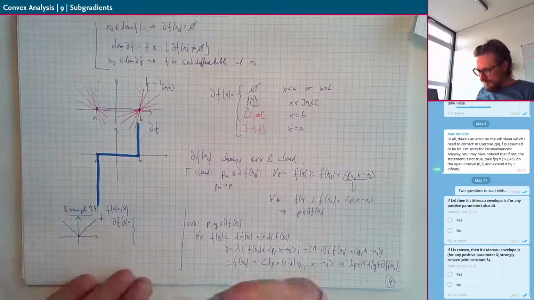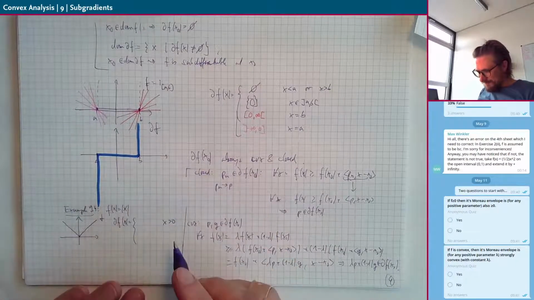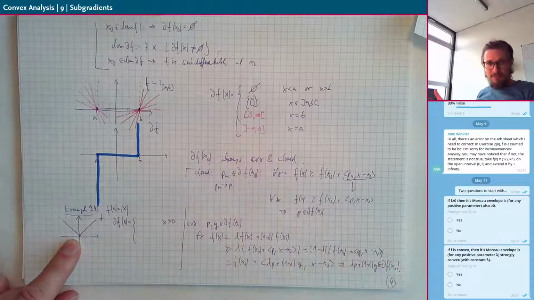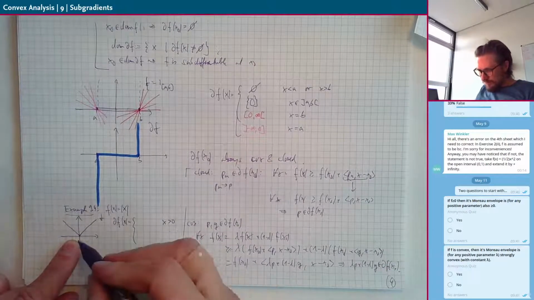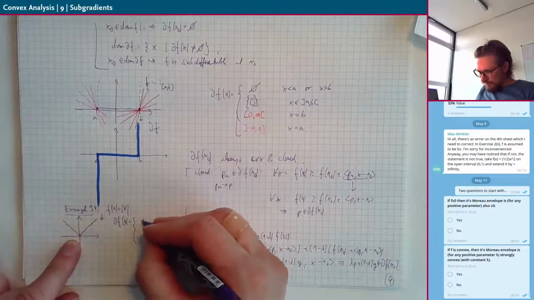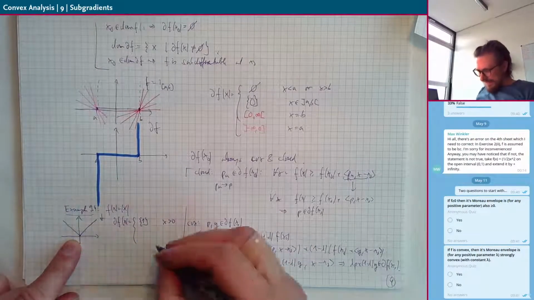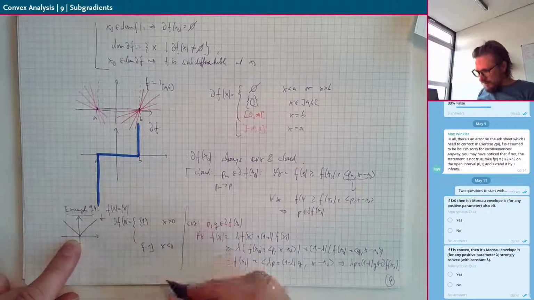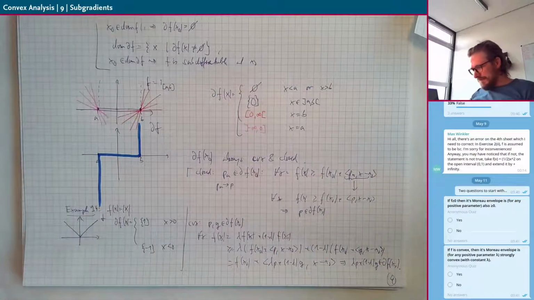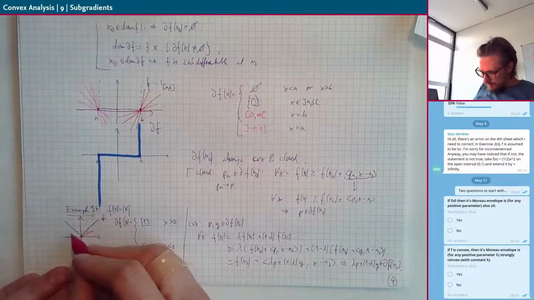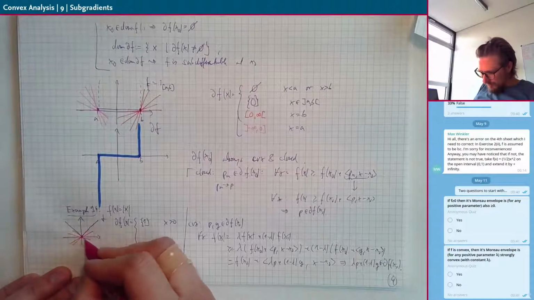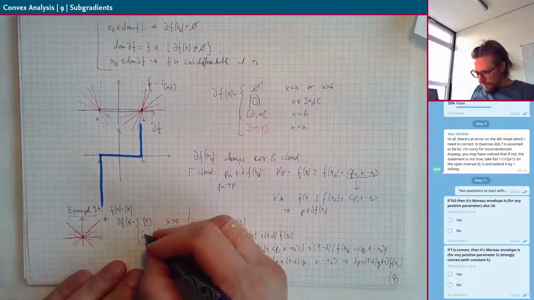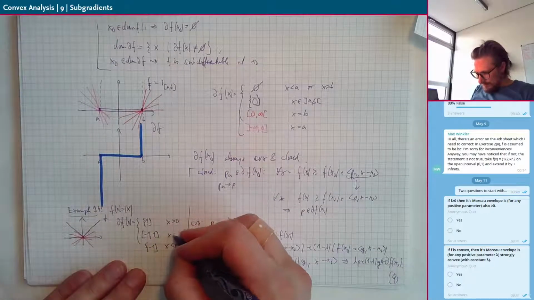For positive x, the function is differentiable, so there's only one plane which can really support that function, and its slope is 1. At negative x, the slope is -1, and there's only that slope. The only point of interest is 0, and here you can fit all the slopes between +1 and -1 under the graph. So there it's actually the closed interval from -1 to 1 at x equals 0.